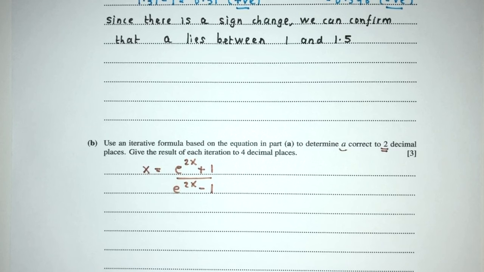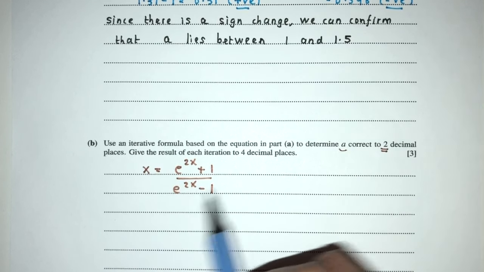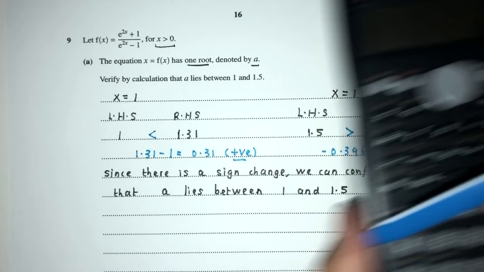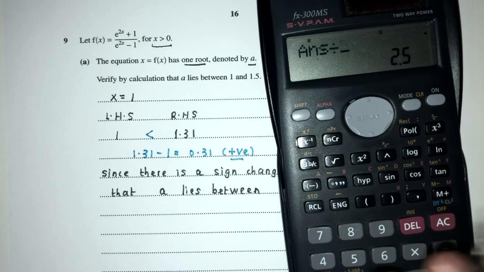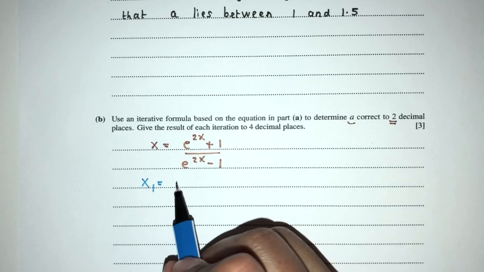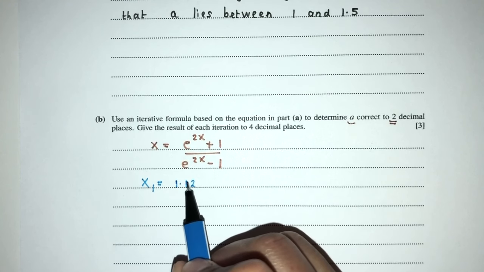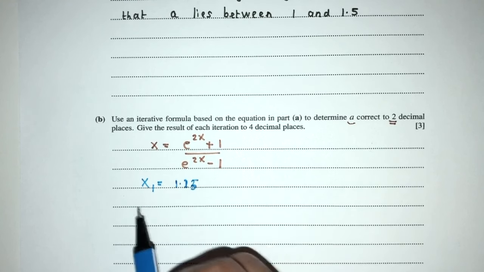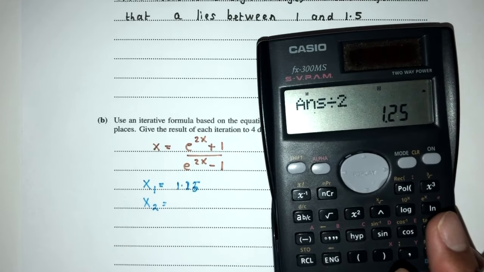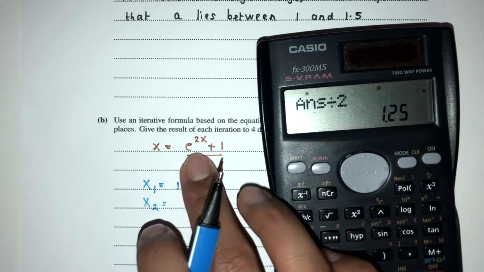To begin, x1 is exactly between those two, so 1 plus 1.5 divided by 2, which is 1.25. Let x1 be 1.25. So x2 will be what? 1.25 is the answer for the first one, then we just replace back in the formula.